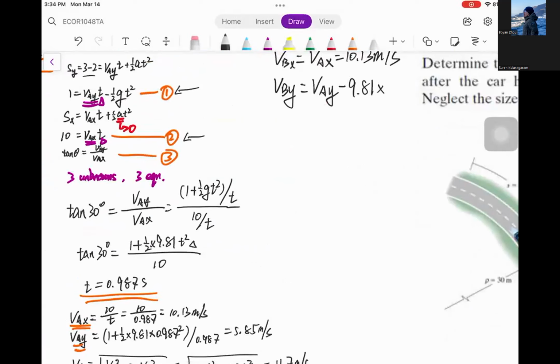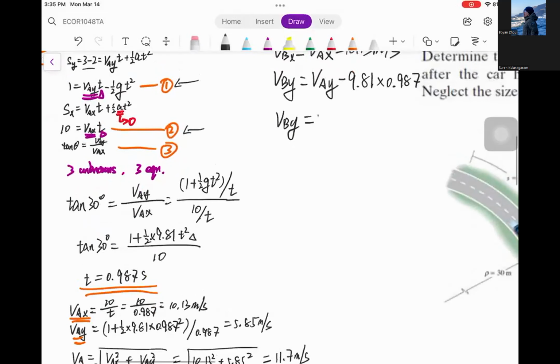So t is equal to 0.987. So VBY is equal to VAY, which is 5.85 meters per second, minus the rest of the parts.